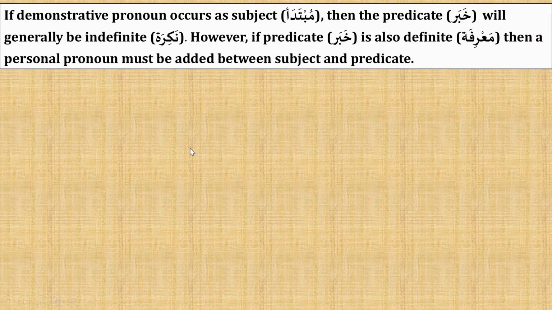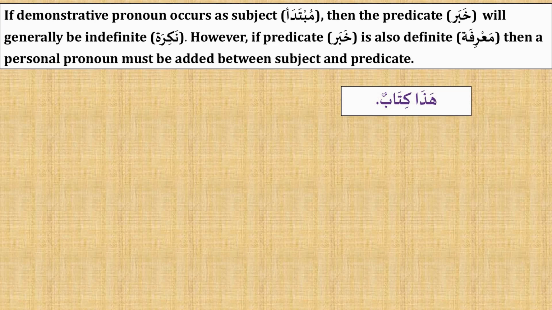Please note that if a demonstrative pronoun occurs as subject or mubtada, then the predicate khabar will generally be indefinite or nakira. However, if the predicate or khabar is also definite or ma'rifa, then a personal pronoun must be added between the subject and predicate. Now let's understand better with examples. هذا كتاب.